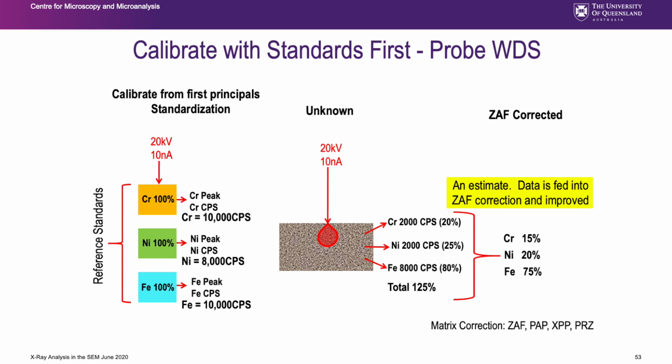And I just keep on going, feeding the last answer back into the ZAF correction until it homes in on a final analysis. It's usually pretty quick. It happens in a fraction of a second, and for you, it happens behind the scenes, but the measuring of your reference material is critical here. And that is how we really do analysis from first principles.